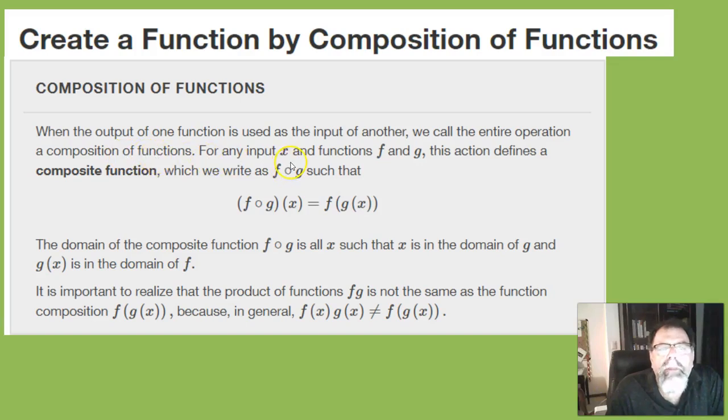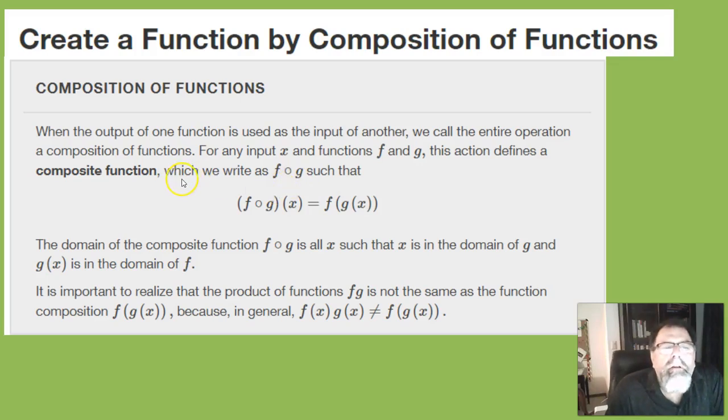For any input x and functions f and g, this action defines a composite function, which we write as f, and then we have this degree mark, like a small o, but it's not an o, right? So that's the composition. So f composed with g, or you could say the composition of f with g, or the composition of f and g. You could say any of those.